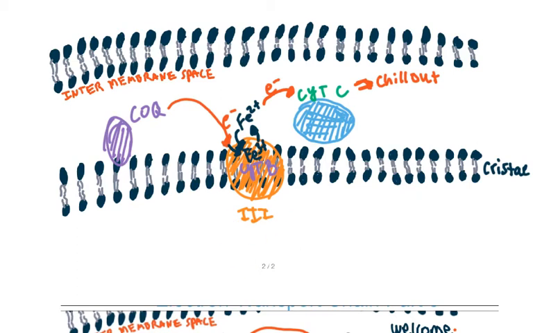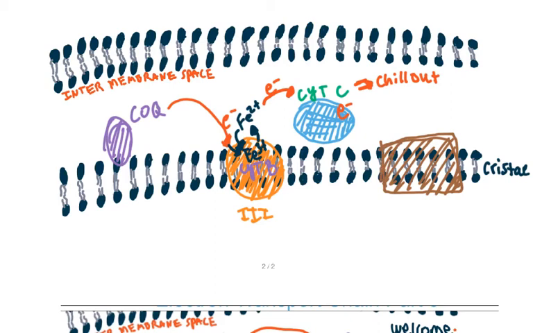It's going to take those electrons, and then it's going to pass it to the last complex, or technically the last complex, okay? Because we also have another huge, amazing enzyme that's counted as complex 5, but let's say this is technically the last complex of the electron transport chain. The ATP synthase is going to be part of oxidative phosphorylation.